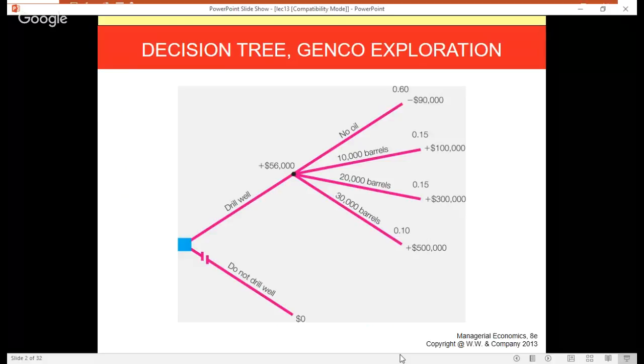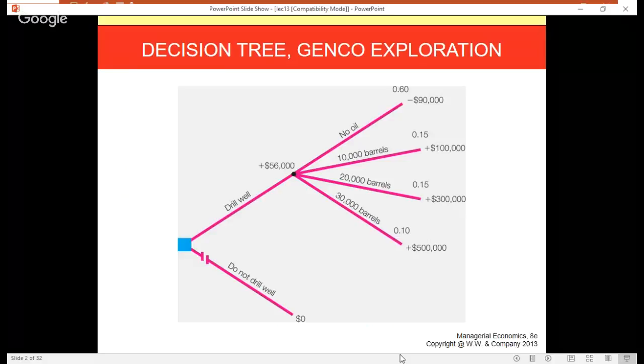So I get 26 times negative 90,000 with the no-oil probability, plus 0.15, or 15%, times 100,000, plus 0.5 for the 20,000 barrels, which made 300,000, and then plus 0.1, if the well produces 30,000 barrels, 500,000.